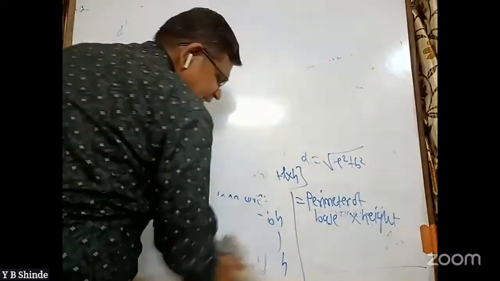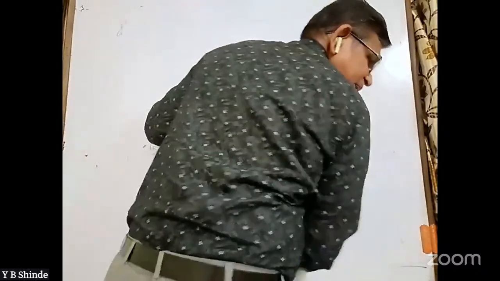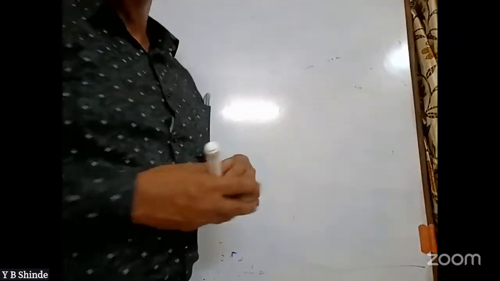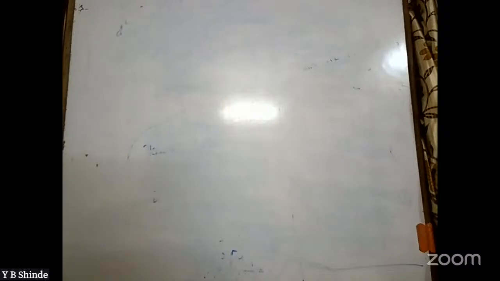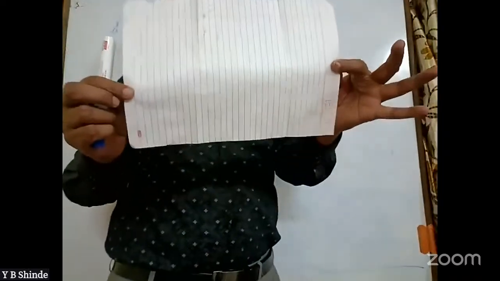Now, how is the right circular cylinder formed? How do we form it? Very simple. Now see here, this is a rectangle.